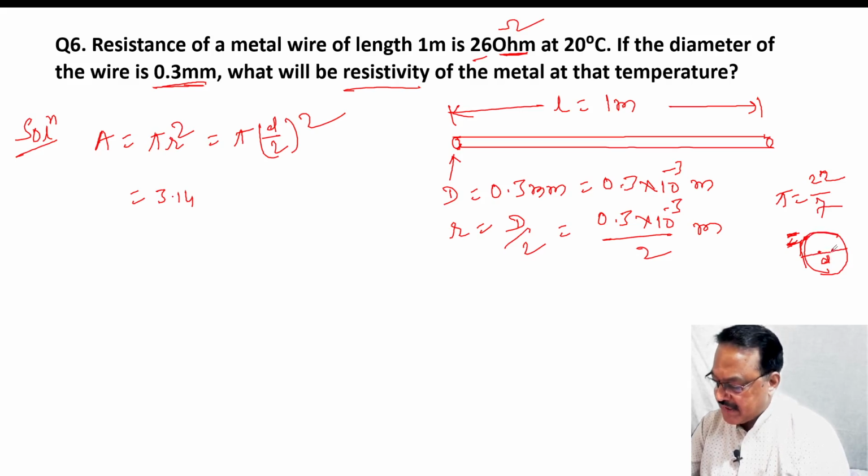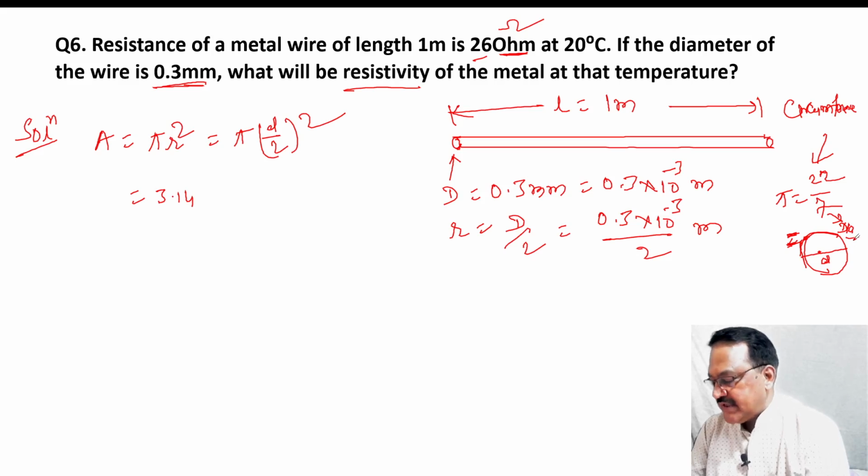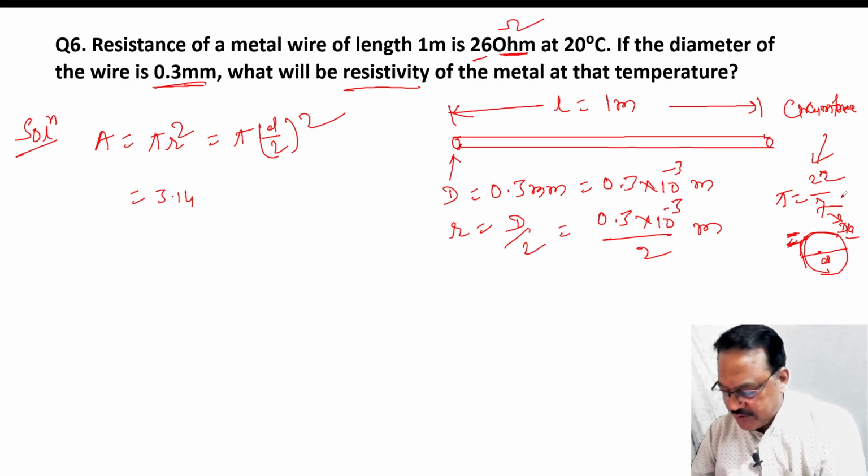We have to remember it like this. This is the circumference of the circle, and this is the diameter. This is fixed, 22 by 7. Just divide 22 by 7, it will come out to be 3.14. Fine.